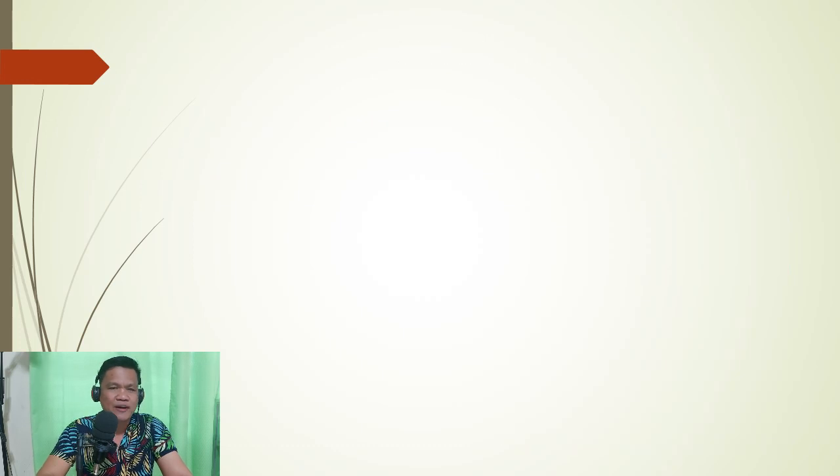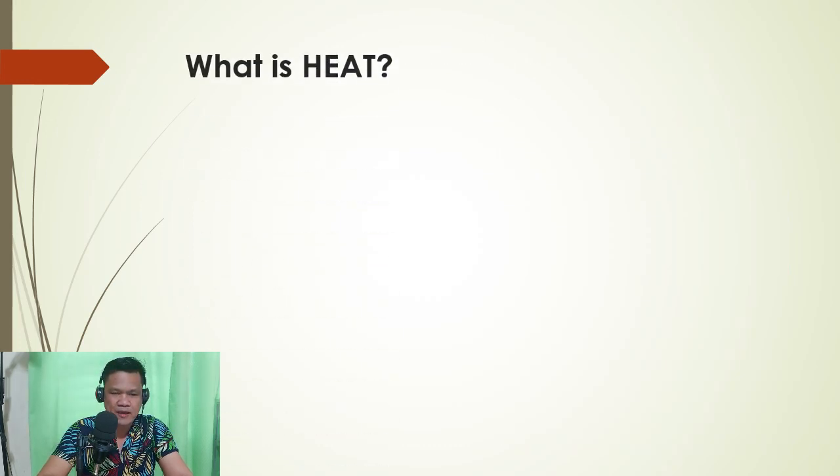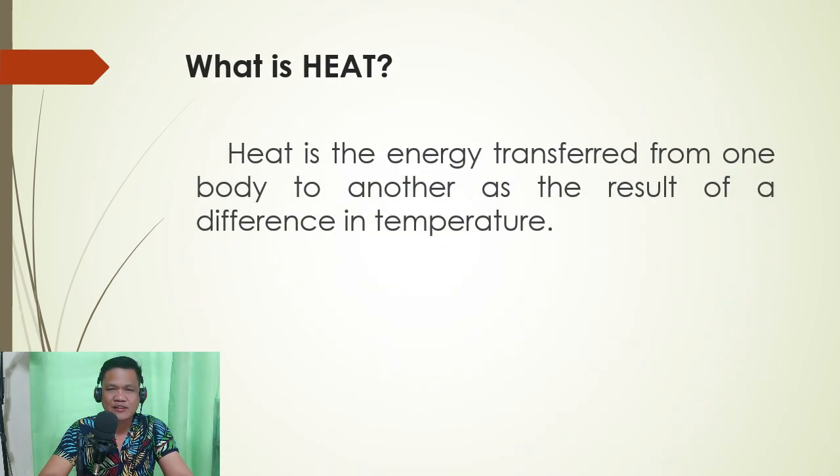So let us try to define what is heat. Heat is the energy transferred from one body to another as the result of a difference in temperature. So if we have two objects that differ in temperature, the tendency would be that there will be heat transfer.